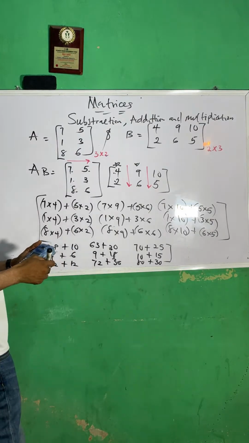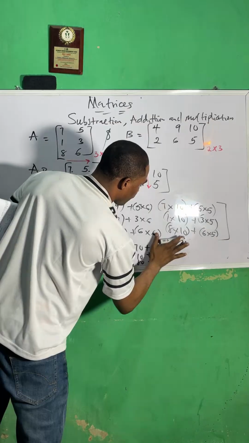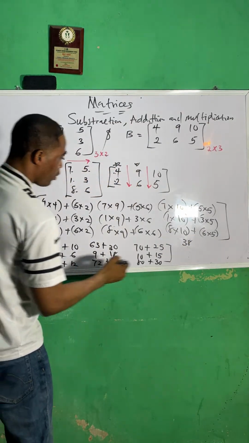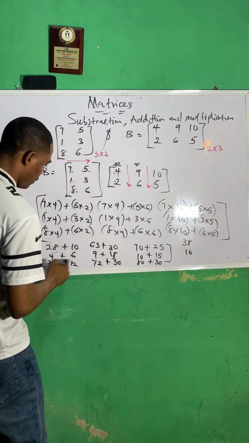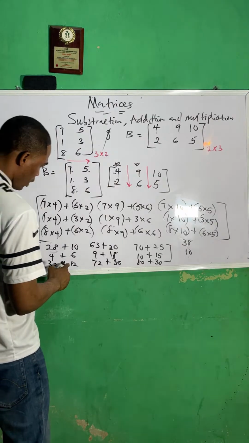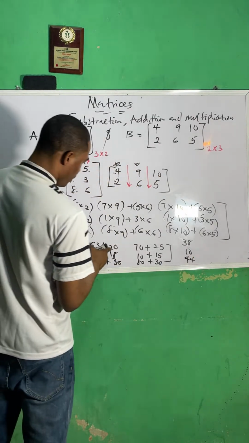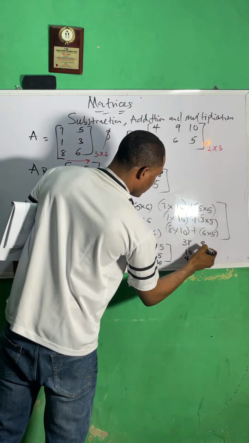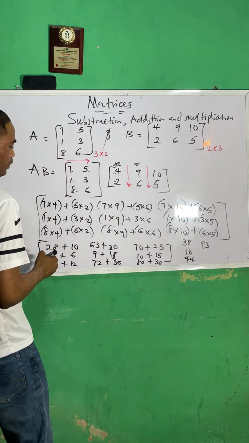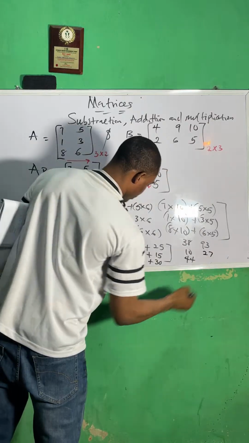Here we'll be having 28 plus 10, which gives us 38. We have 38. 4 plus 6, we have 10. This will give us 32 plus 12. That will give us 44. And here we have 93. 18 plus 9, we are going to have 27.